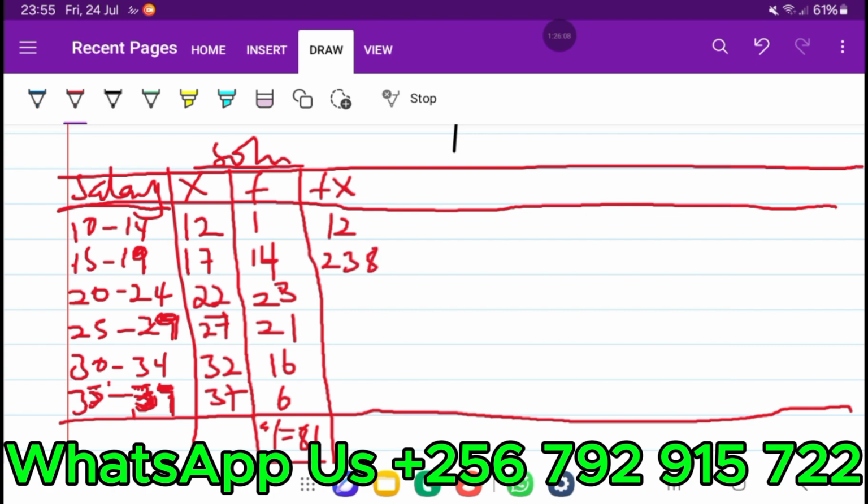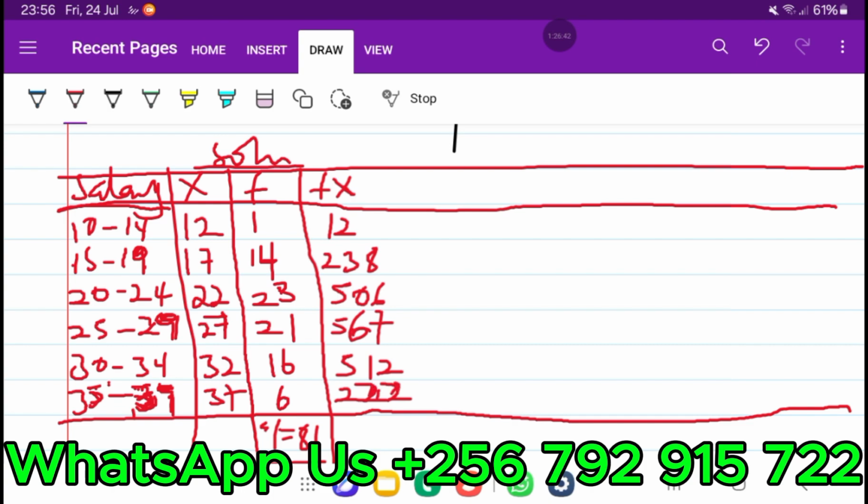Then 22 times 23, that is 506. Then 27 times 21, that is 567. Then 32 times 16, that is 512. Then 37 times 6, that is 222.